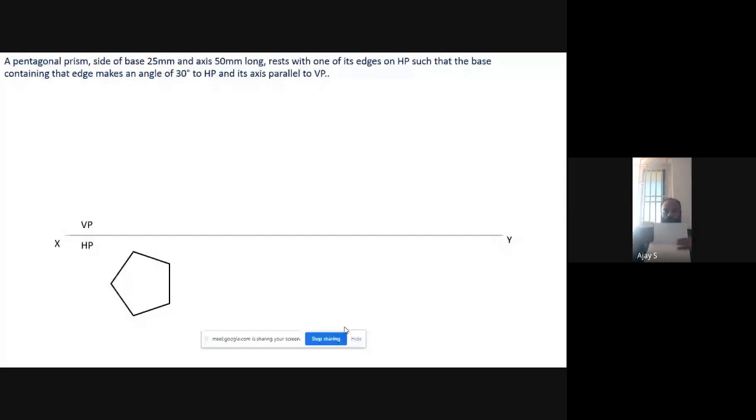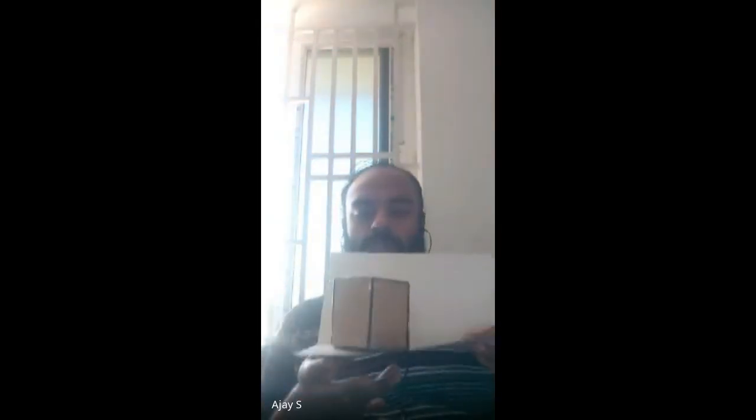This top view, you can see that my presentation also, whatever I'm presenting, is it like this? Okay, like this. Have we placed the position like this? Is it right or wrong? It's on the horizontal plane. I have placed the pentagon like this. Now, the first position is over.